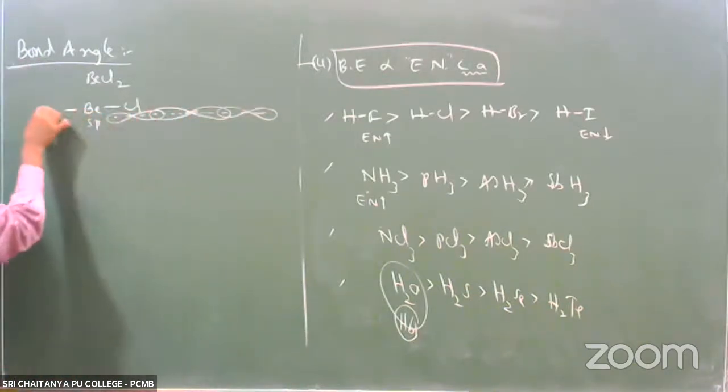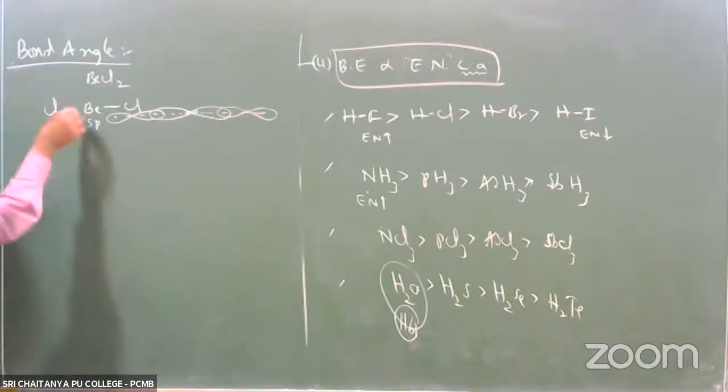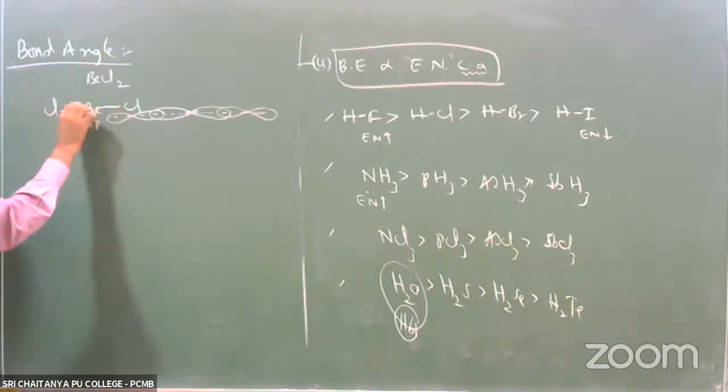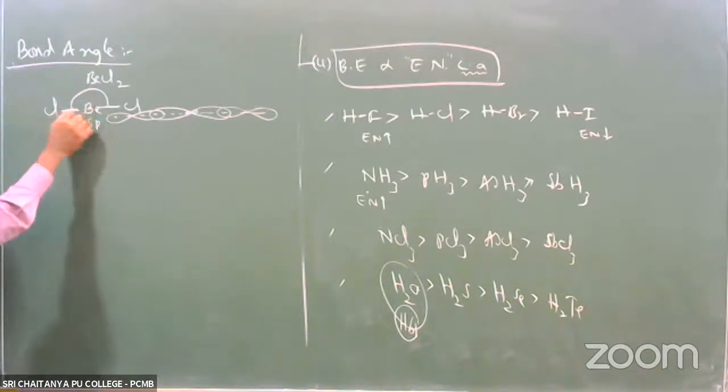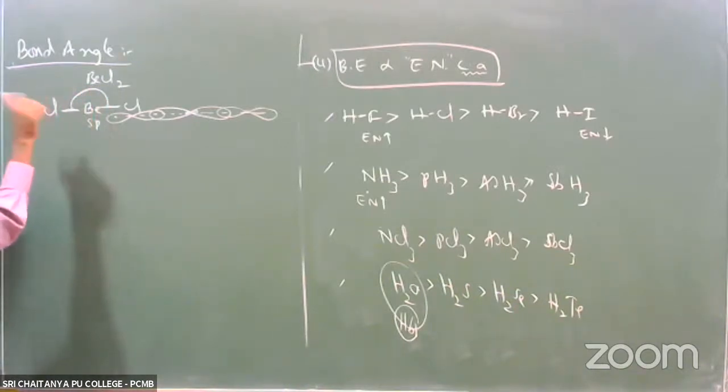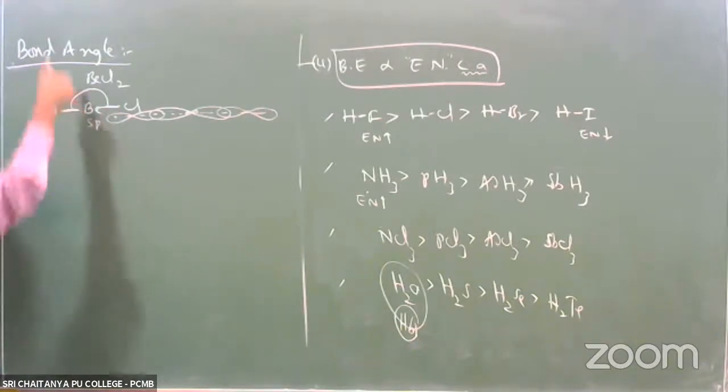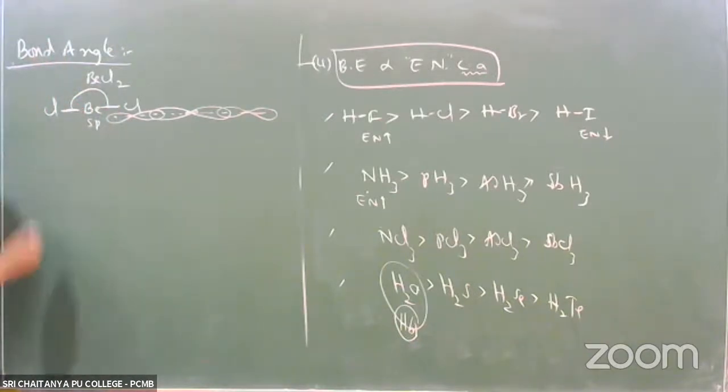Now, the average angle between the two adjacent covalent bonds in a covalent molecule is called bond angle.